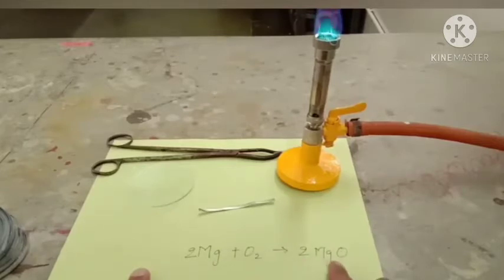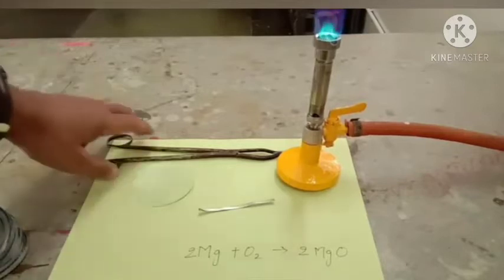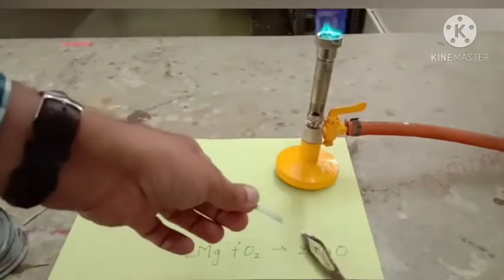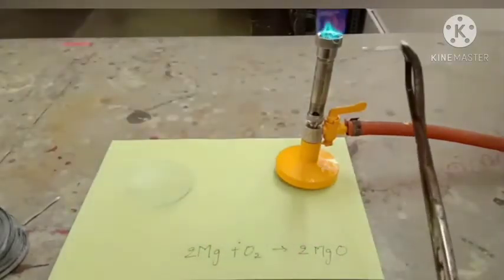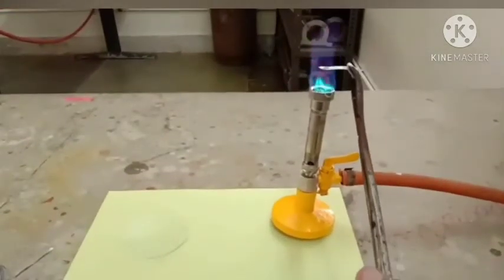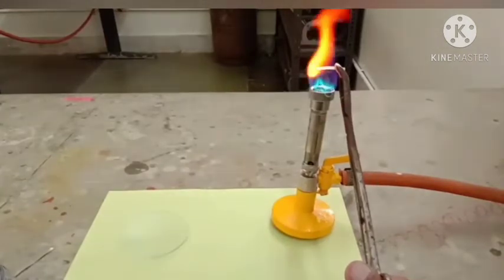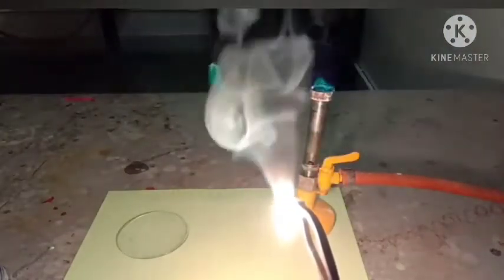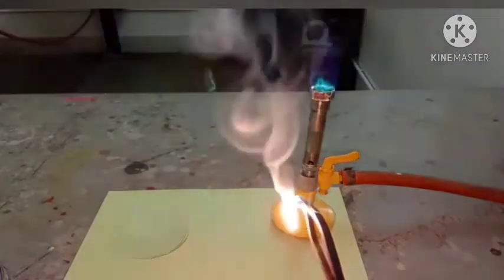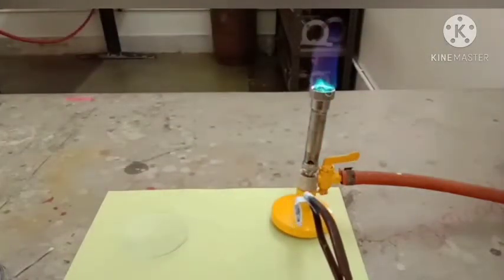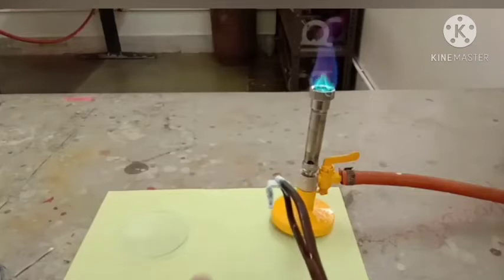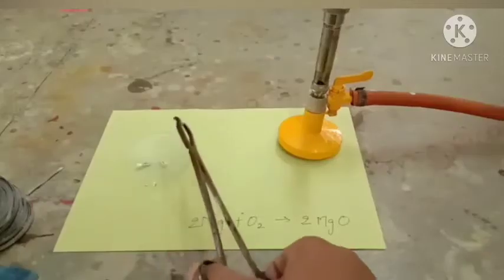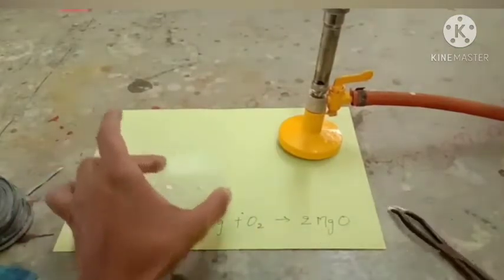Magnesium will react with oxygen from air and magnesium oxide we will obtain as a product by the combination of both magnesium and oxygen. Just observe how magnesium burns with a dazzling white light. And it produces a white powder, which is magnesium oxide.